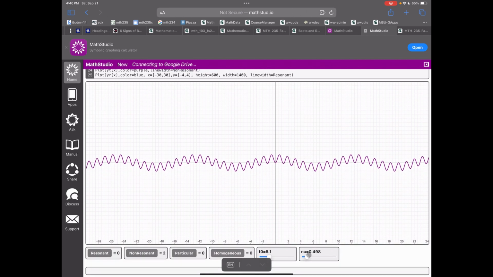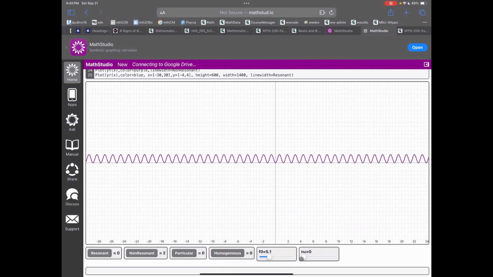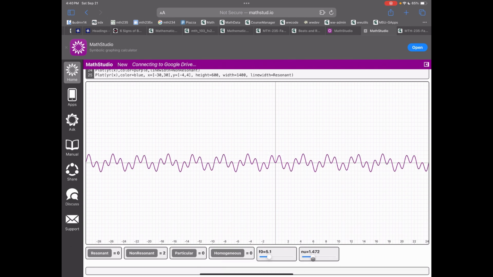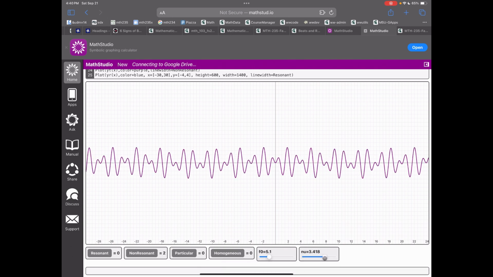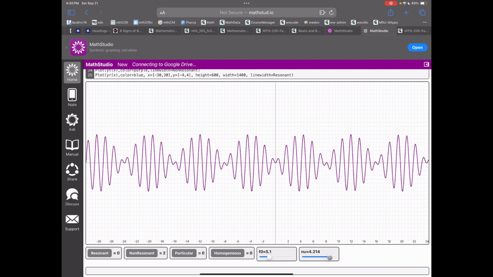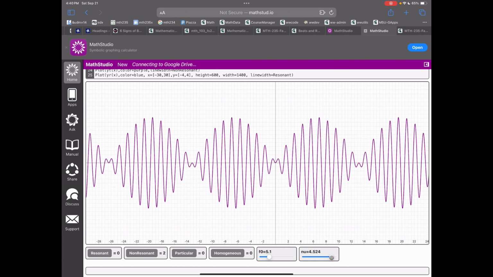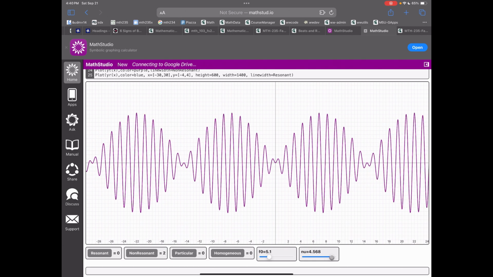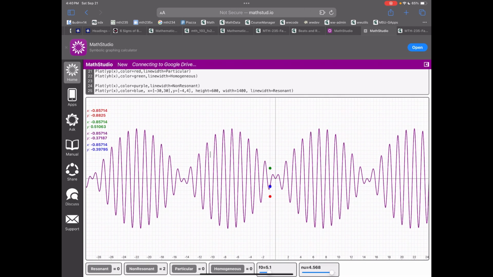So you see the driving frequency is far away from 5, and there are no patterns we can discern. When we start getting closer to 4.5, that picture emerges. This is the picture we mentioned in the notes. That is beats.